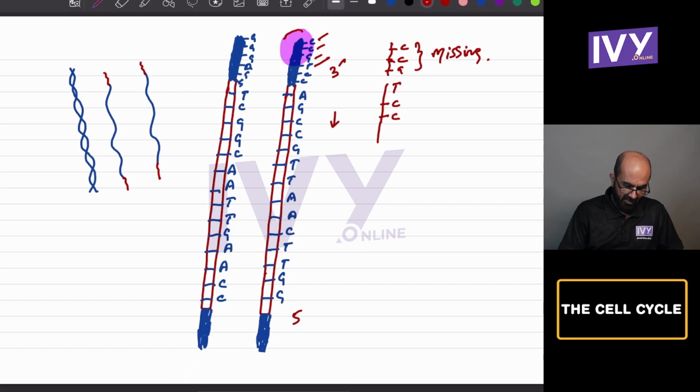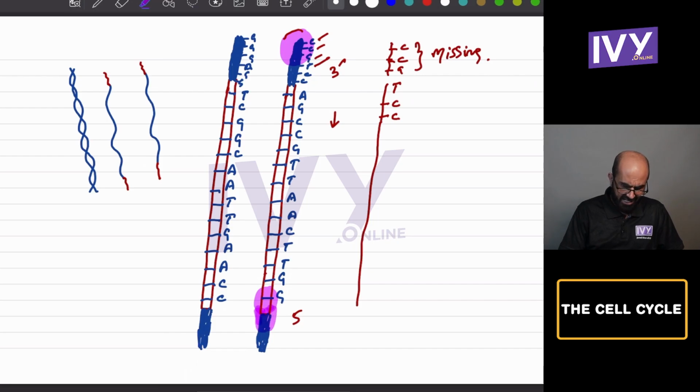Now the DNA replication continues until the enzyme polymerase has reached here. Once it reaches here, it again cannot move forward, so it again misses this part, a short part of the telomere from both ends.